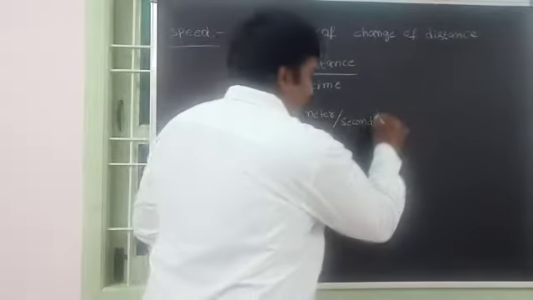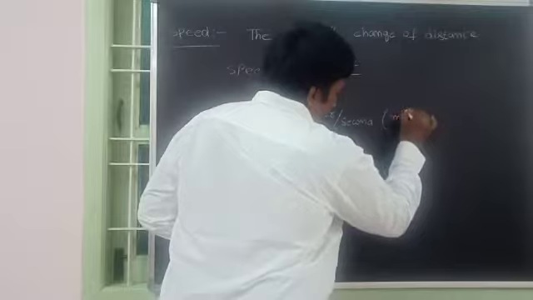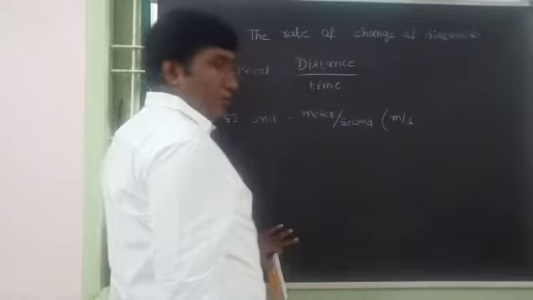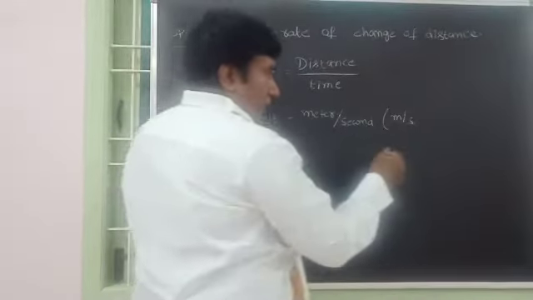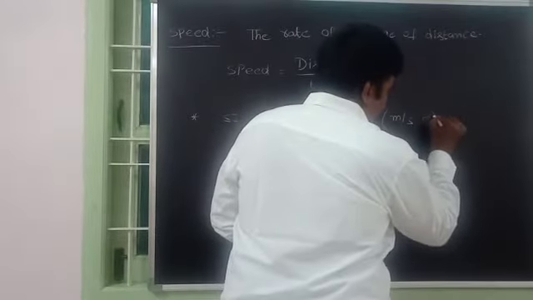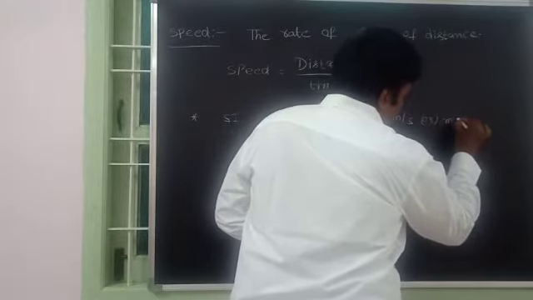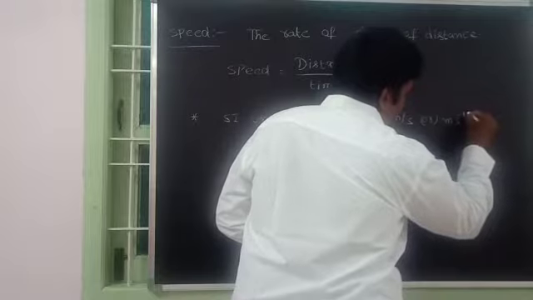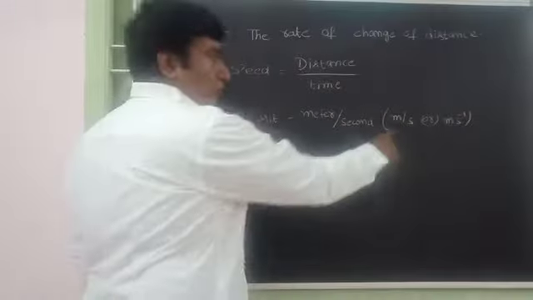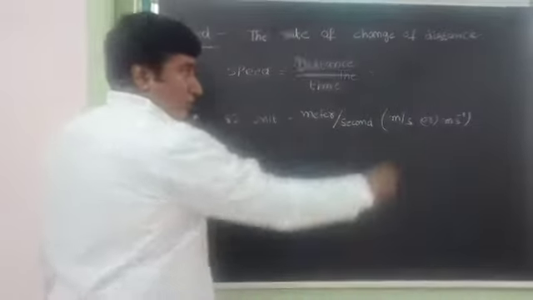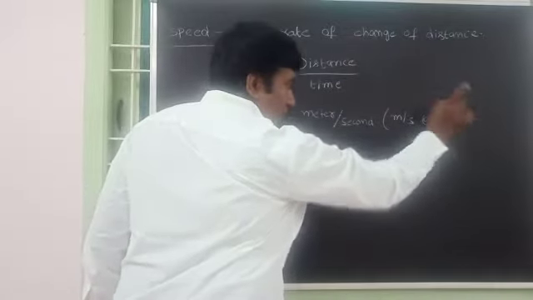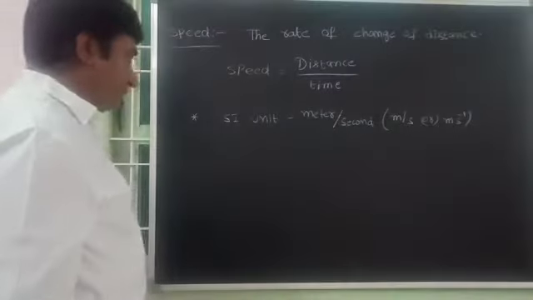In simple form, we write meter per second, or if the second moves upward, we write m s to the power of -1. Both cases are correct.